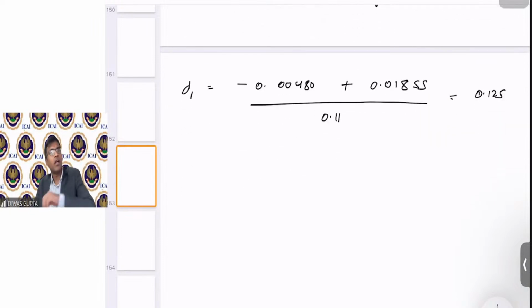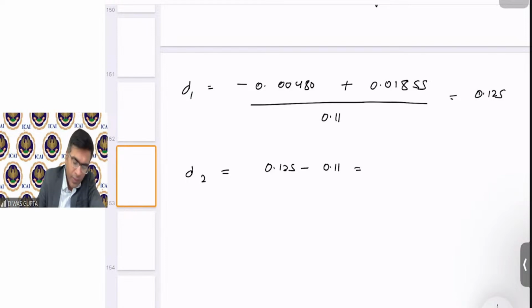However, this question covers your Black-Scholes model 3 times, right? One time with the application of dividend, 2 times normal calculation, and fourth time the put call parity theory application. Okay. Then D2 is equal to 0.125 minus 0.11, which is equal to 0.015.